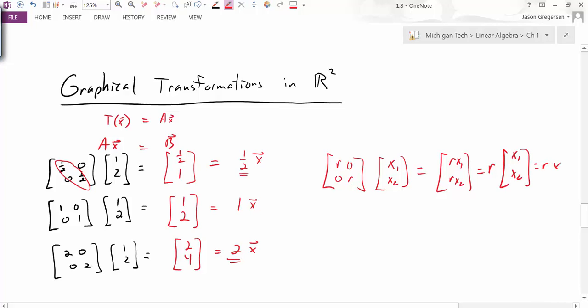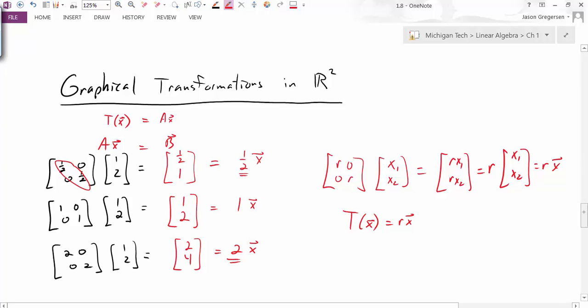So it's just R times the vector x. That's what this transformation is really doing. And so if I think about, once again, transformation terms, T of the vector x is just transforming it to R times x. And this is a special transformation. It's just stretching or shrinking our vector.